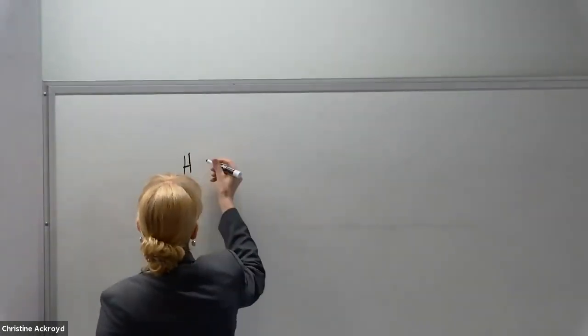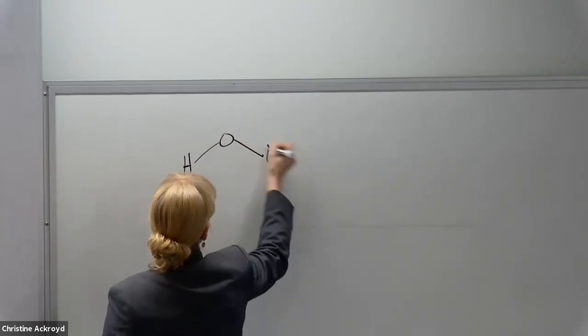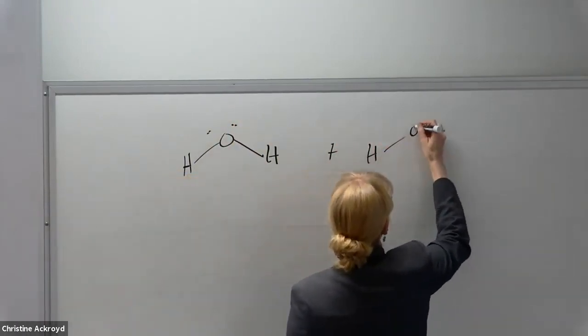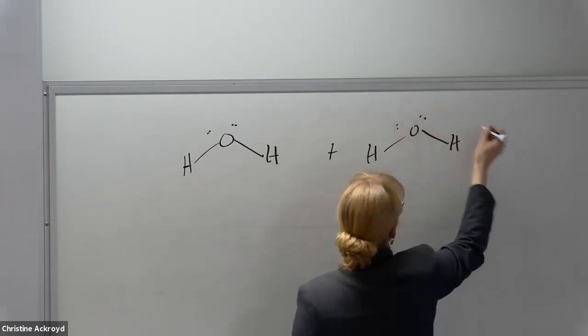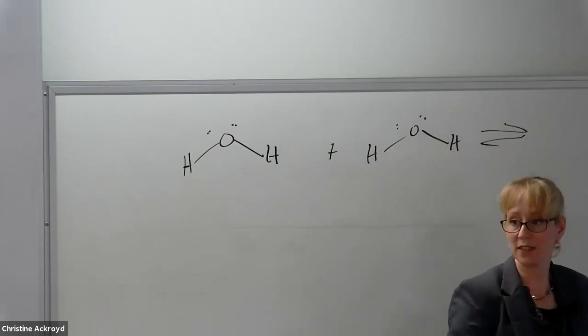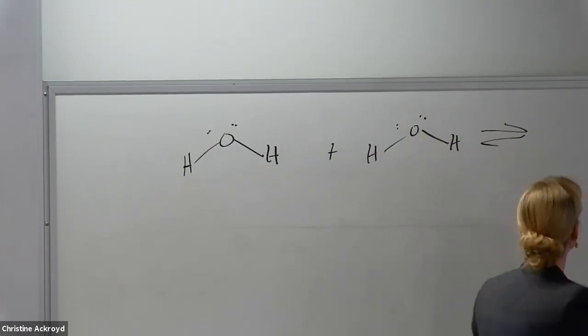It's helpful here, always draw in your lone pairs. You know what the products are going to be here? This is the autoionization of water. The equilibrium constant is the Kw.